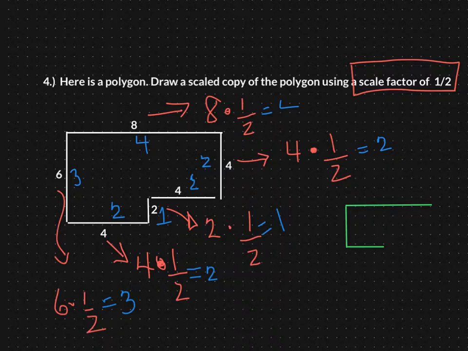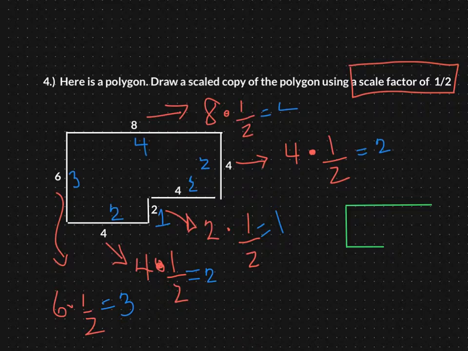I'll grab a hold of that. Oh, that's okay. I was trying to do them all at once, but that's fine. I'm going to continue doing what I'm doing here.